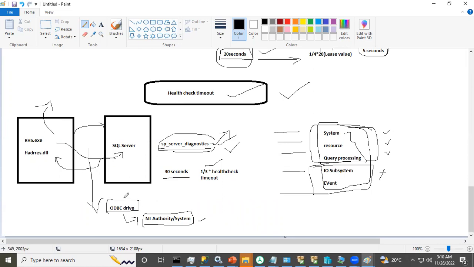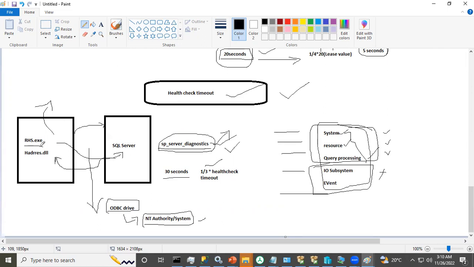Again, whatever this sp_server_diagnostics is, RHS.exe doesn't know. Whether system is healthy, resource is healthy, or query processing is healthy, RHS.exe doesn't know. RHS.exe only knows either 0 or 1. The HADR resource DLL tells it that this is 0, this is 1. 0 is failure, 1 is success.